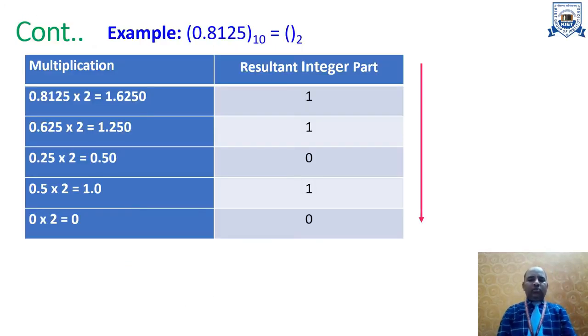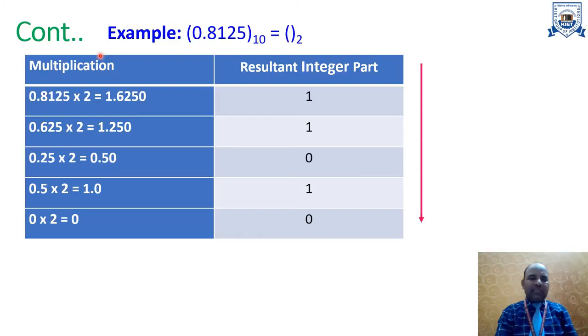Continuing from the last example, which was the conversion of a decimal number to a binary number, but that was an integer number. Now we will try to understand the conversion from a decimal number to a binary number with a fractional part. This process is a bit different from the previous one.